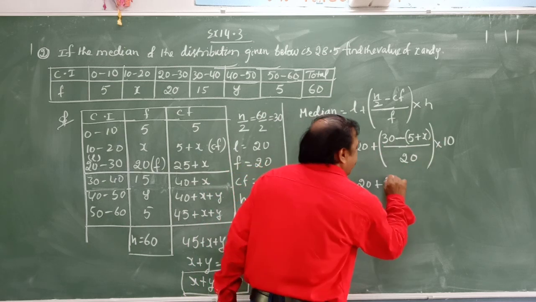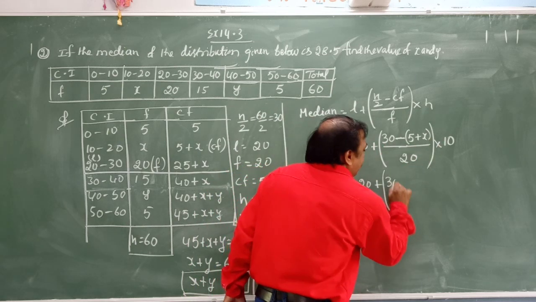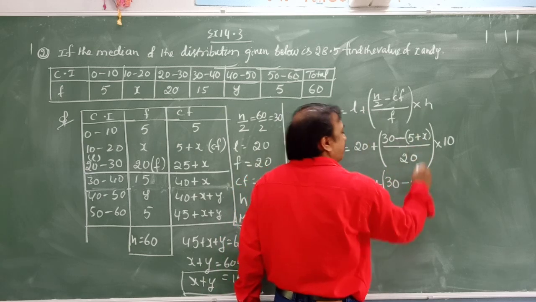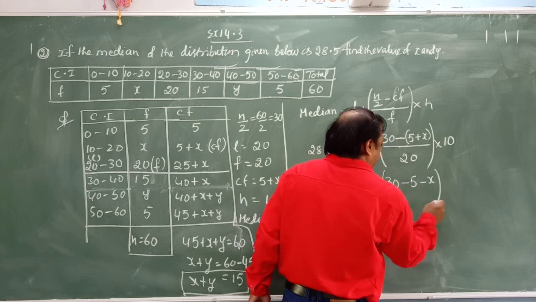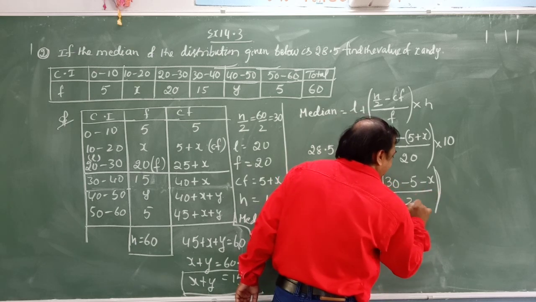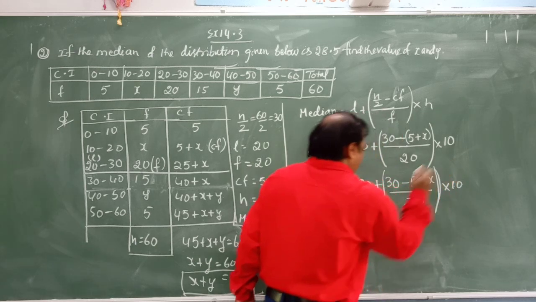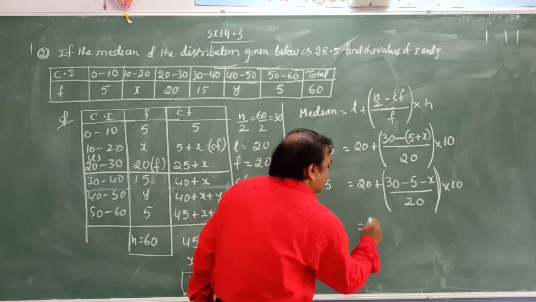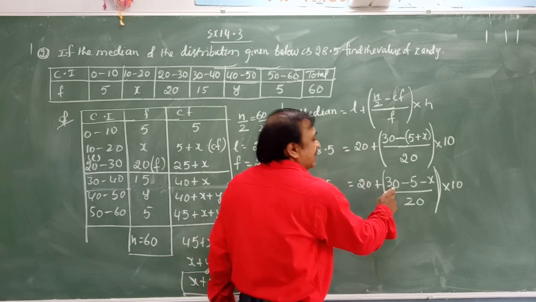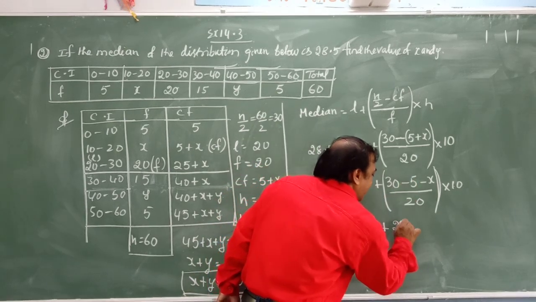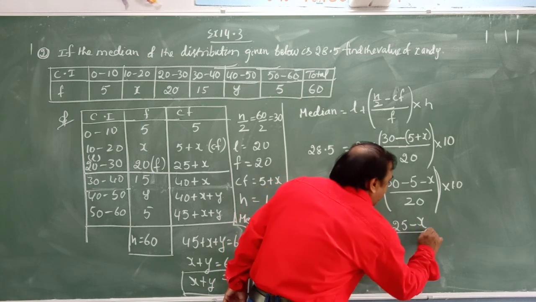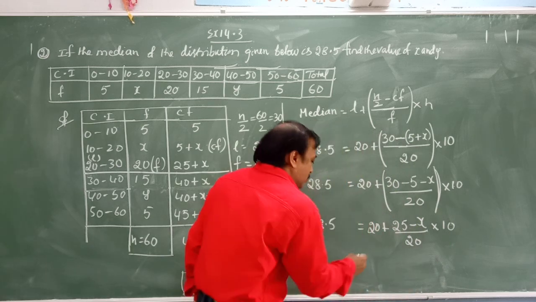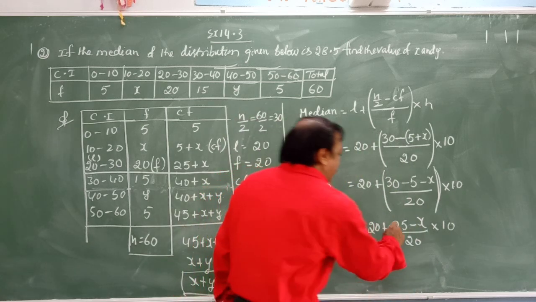Open the bracket: 30 minus 5, minus x, by 20 into 10. So next step, 28.5 is equal to 20 plus 30 minus 5 is 25, minus x, by 20 into 10. So now you can calculate this part.